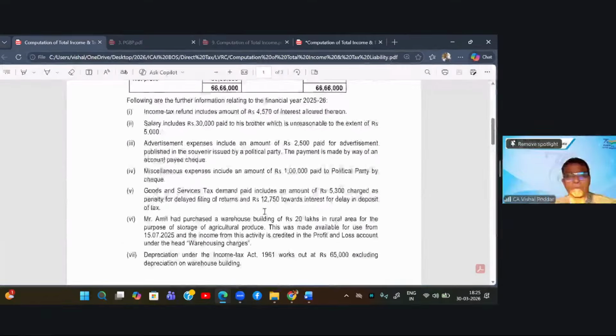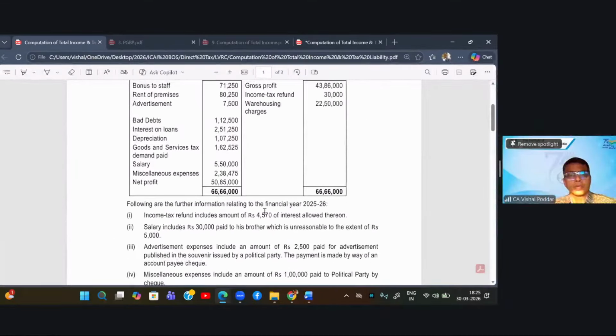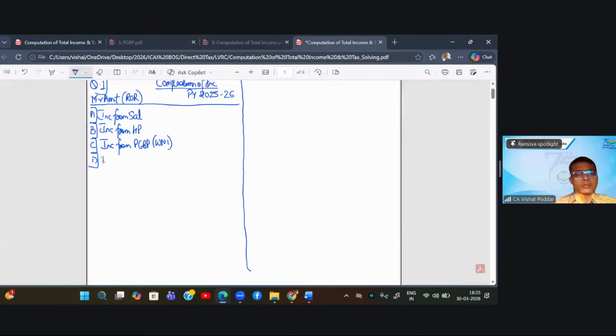So effectively, there are not many other heads involved in this question. So it is income from capital gains. So these are virtually nil. Income from other sources. There is only one item, so I'll write it here itself.